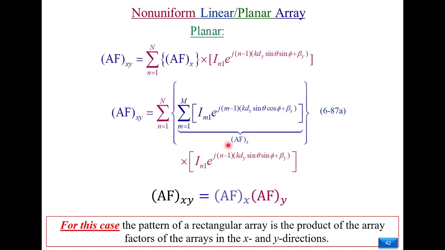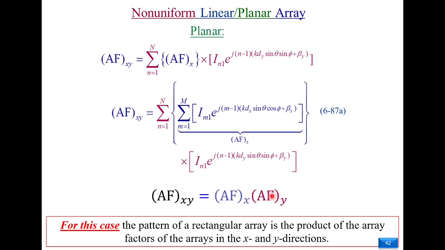Because we have a 2D array, we have two summations, 2D summations. In this case, we have a uniform planar array where the phase from one element to the other is increasing by a constant rate, beta x and beta y. The pattern of this rectangular array is the product of the array factor along x by the array factor along y.